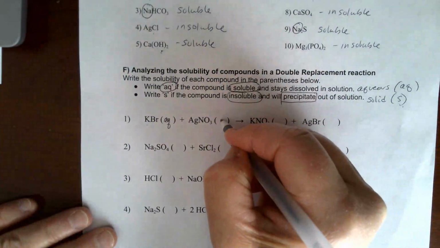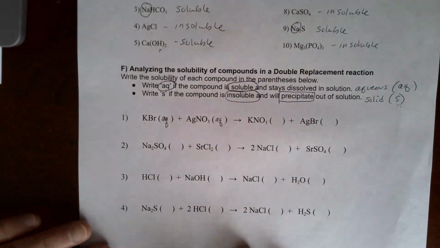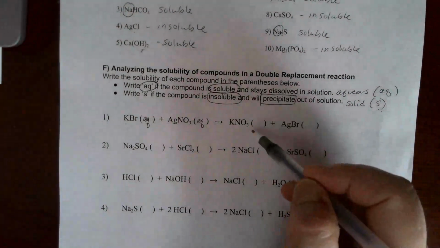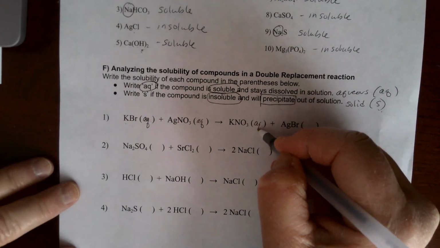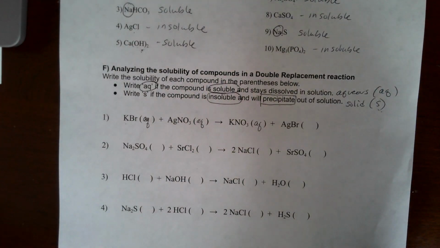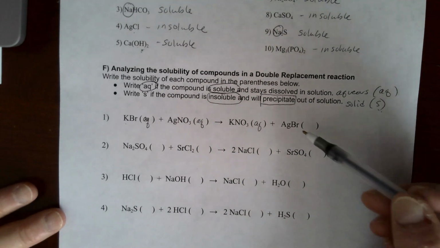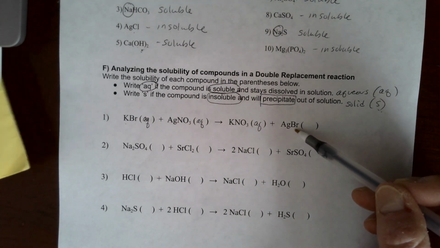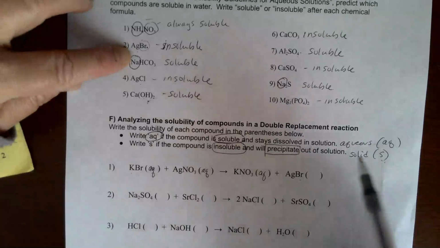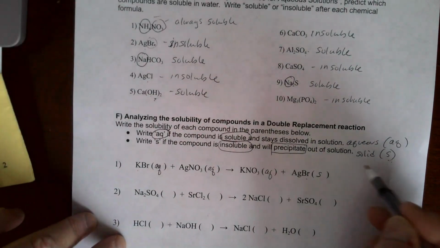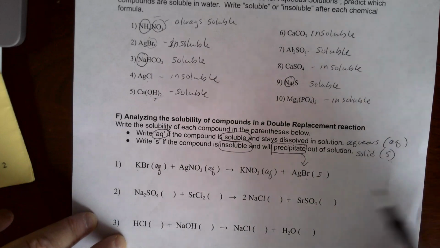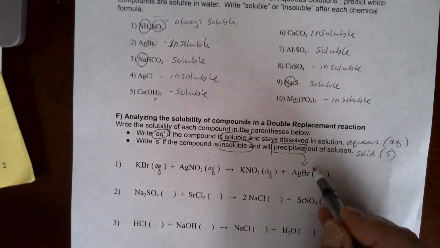So soluble means aqueous. KNO3, here we have the potassium, or you could say here we have the nitrate. That's going to make it soluble and therefore aqueous. AgBr, right? We saw that up above. AgBr is insoluble, so this is going to be our precipitate.